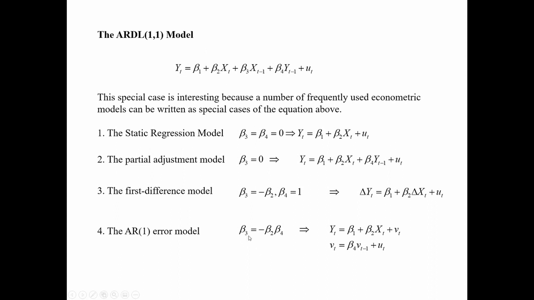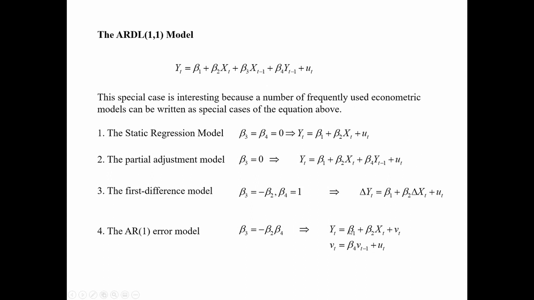If we impose the restriction beta 3 equals minus beta 2 beta 4, then we can write this model as yt equals beta 1 plus beta 2 xt plus vt, where vt is equal to beta 4 vt minus 1 plus ut. If you're not happy with that, try imposing this restriction, substituting into this expression here and rearranging. You'll find that this drops out quite neatly.